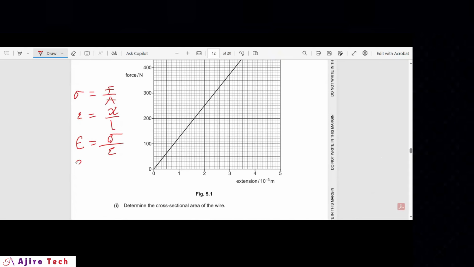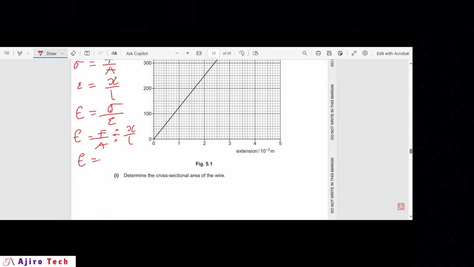Your Young's modulus is going to be force over area divided by x over original length. Applying mathematics, the modulus is FL over Ax, which I can say is F over x, in brackets, times L over A. But F over x is the spring constant k.